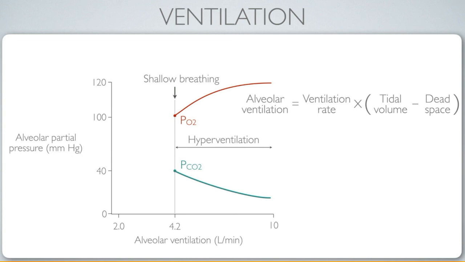Now, on the other side of the curve is a more dangerous situation. If you're ventilating less than your metabolism requires, then what you find is a precipitous drop in the partial pressure for oxygen and a large rise in the partial pressure for CO2. Now remember the values here. The blood that returns to the lungs has a partial pressure for CO2 of 46 millimeters of mercury and about 40 millimeters of mercury for O2.